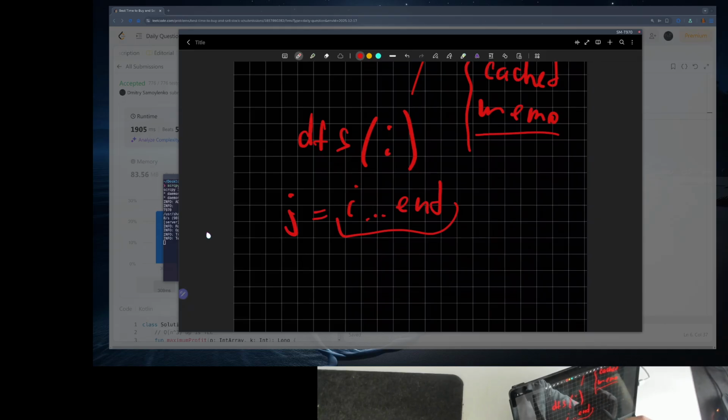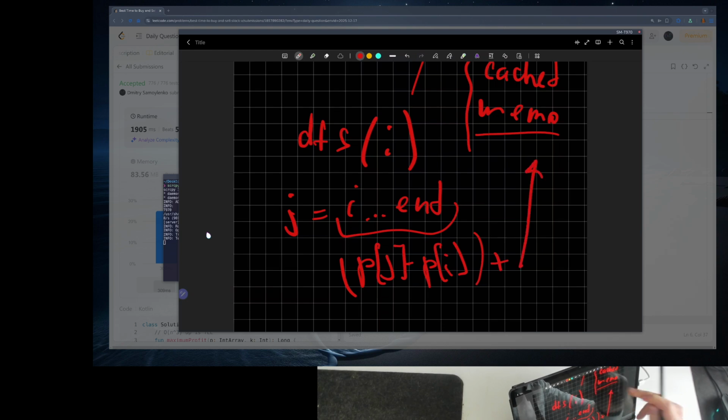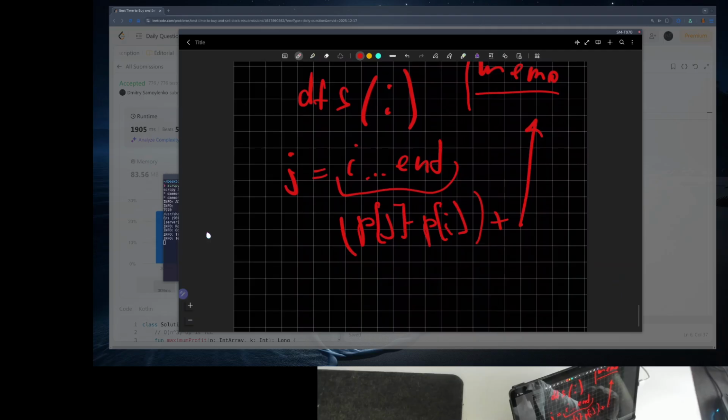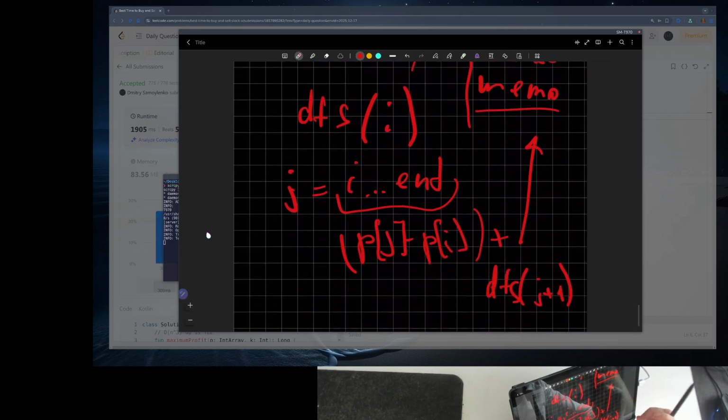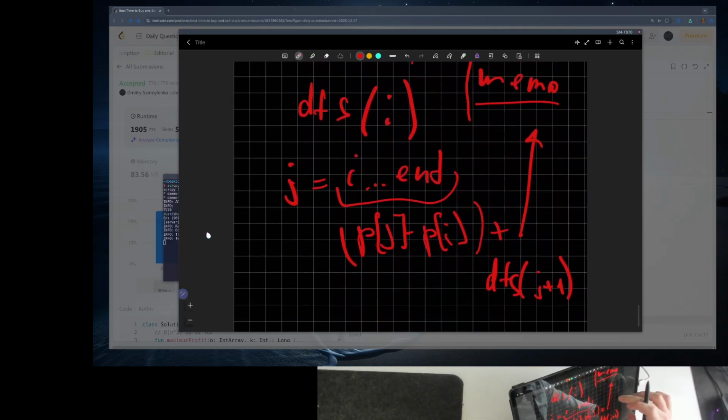And then you take the profit, P[J] minus P[I], this is the profit for this deal, plus this tail, DFS(J + 1). So this is one solution, and it's not very obvious how to encode this.